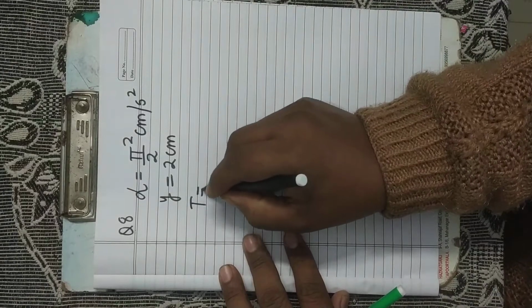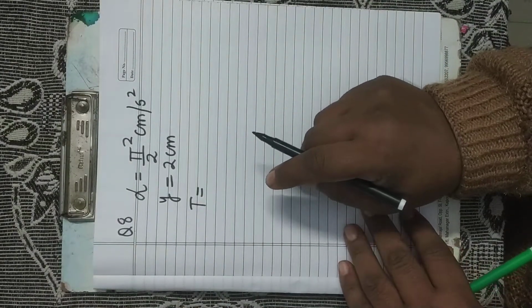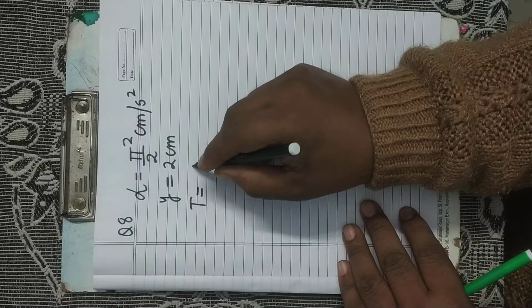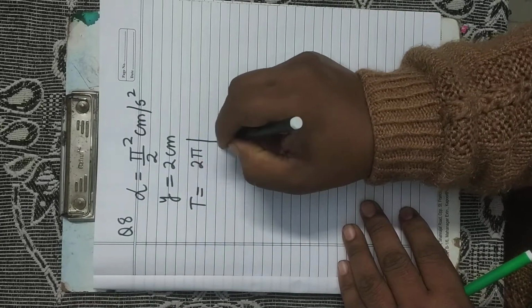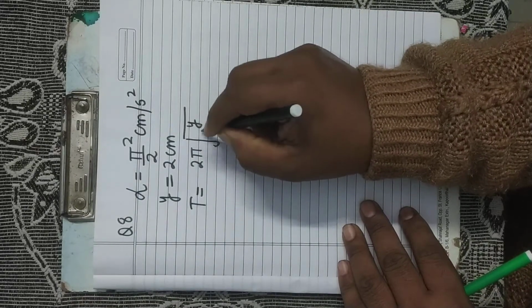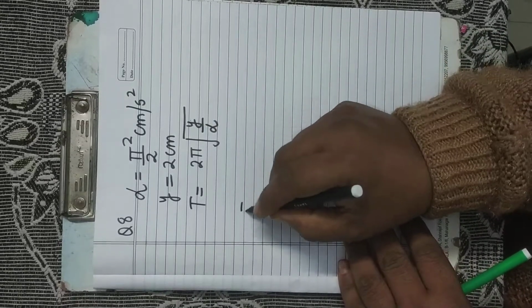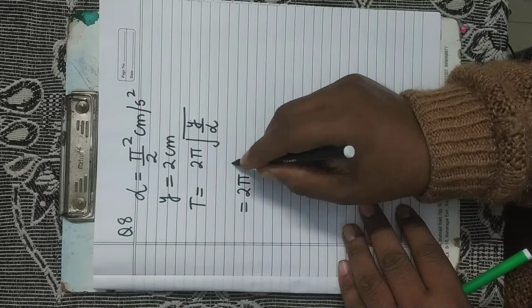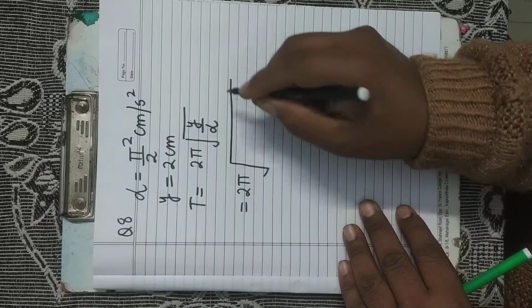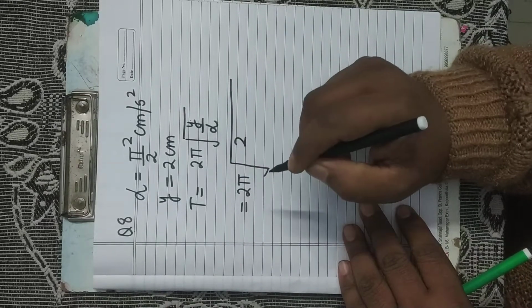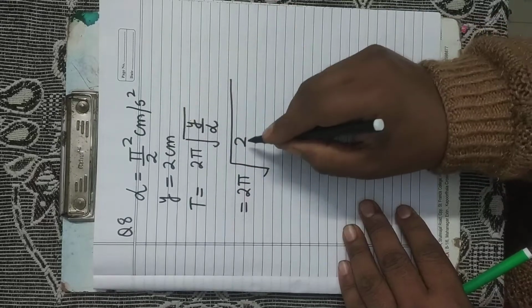So see here, there is a formula for time period. What is that formula? T equals 2 pi root y upon alpha, displacement upon acceleration. You substitute here: 2 pi, what is y? y is 2 centimeter. This is centimeter, this is also centimeter.